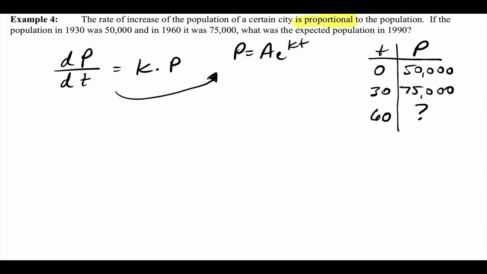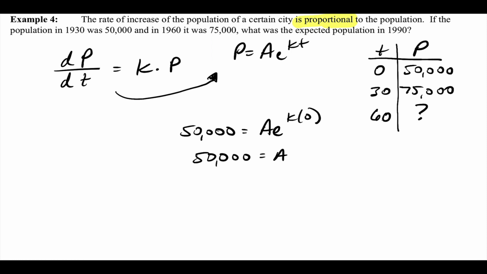All right. So we need to solve for A, and we need to solve for K. So let's start with the first one, the initial. So 50,000 equals A e to the K times 0 power. That's the initial. 50,000 is our initial.